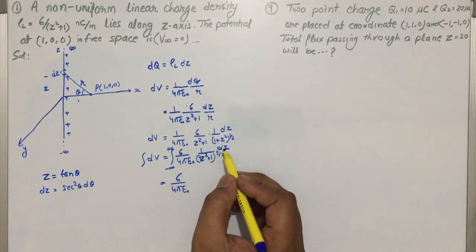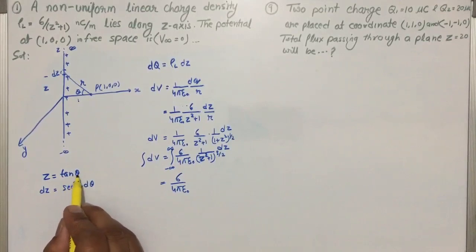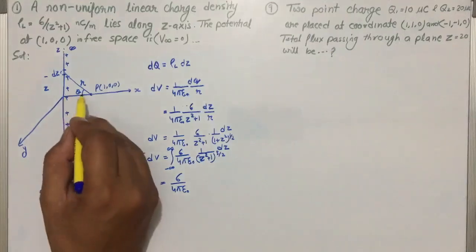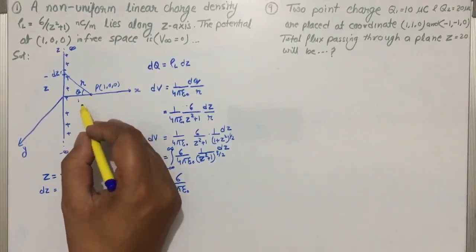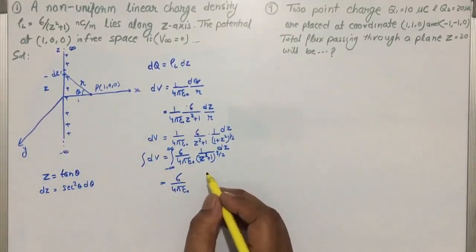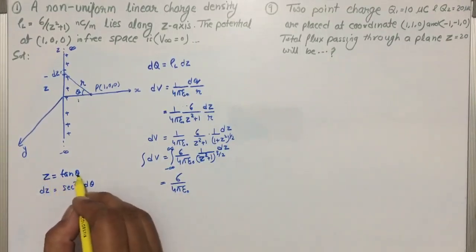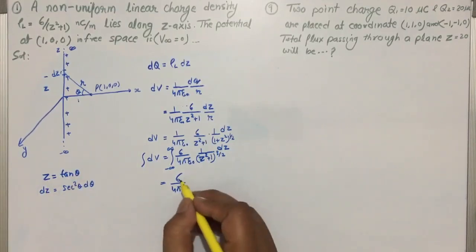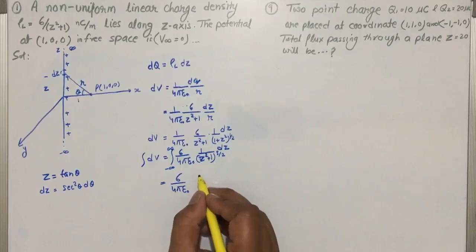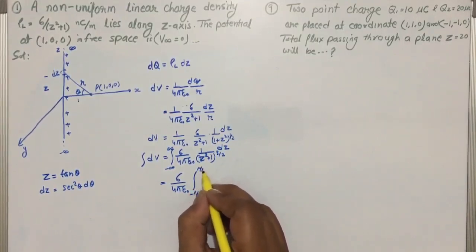When z varies and z is infinite, then theta will be 90 degrees. When z is minus infinite, theta will be minus 90 degrees. So the limits go from minus 90 to plus 90.